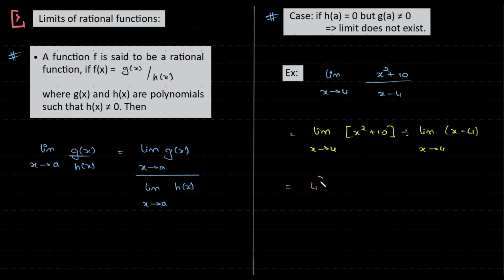So this is 4 square plus 10, and this is 4 minus 4. Clearly we have some number in the numerator, 26, divided by 0. In such a scenario, the limit does not exist. So there's no solution for this.